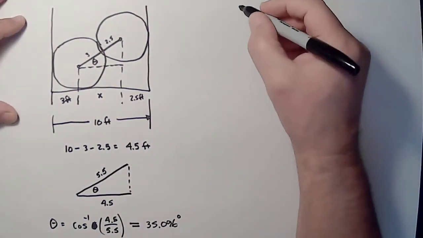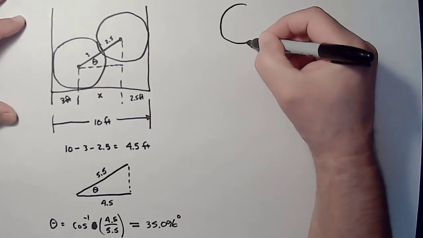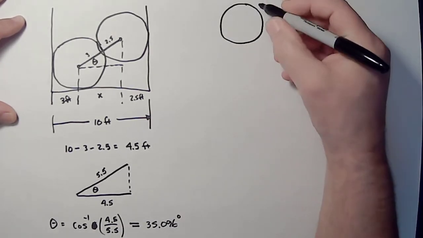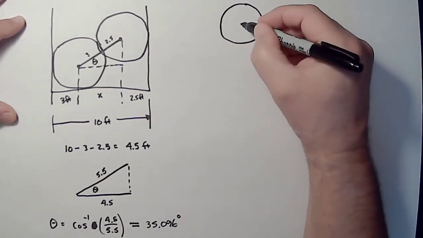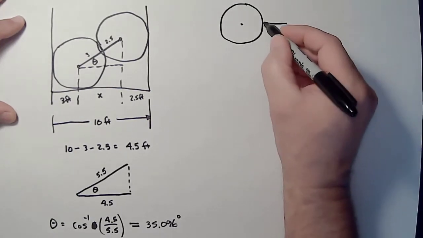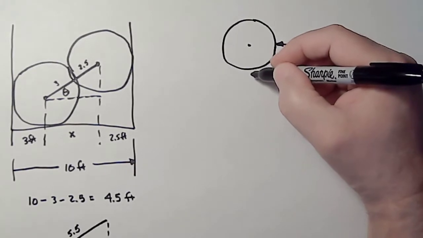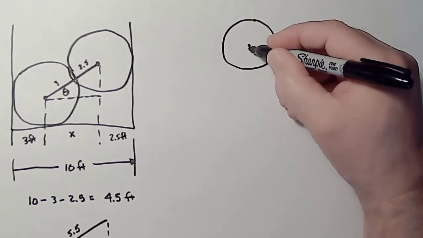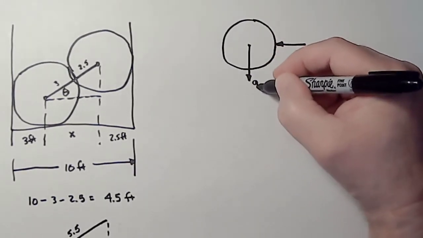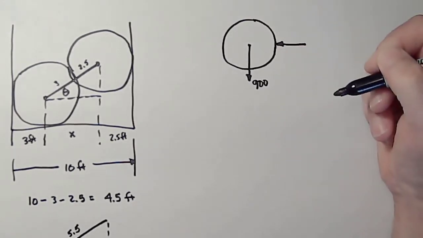Now, let's begin with a free body diagram of cylinder B. I have the force from the left wall. I have 900 pounds going straight down.